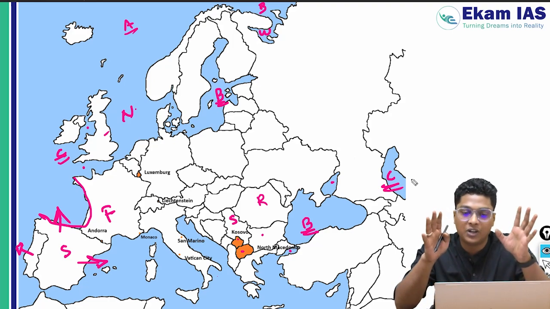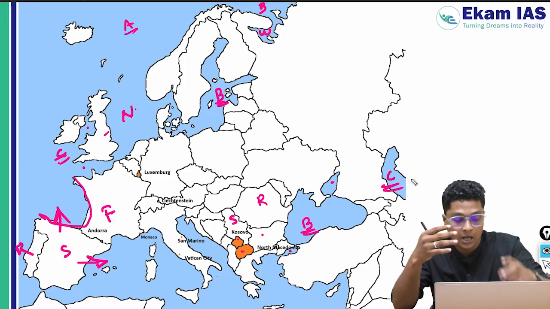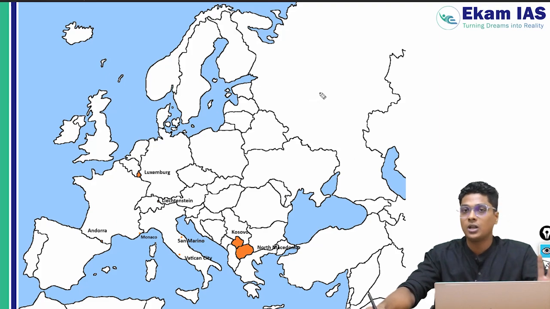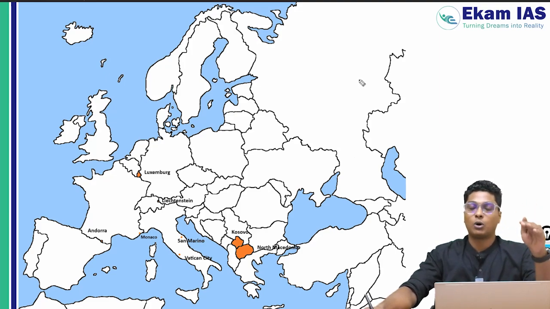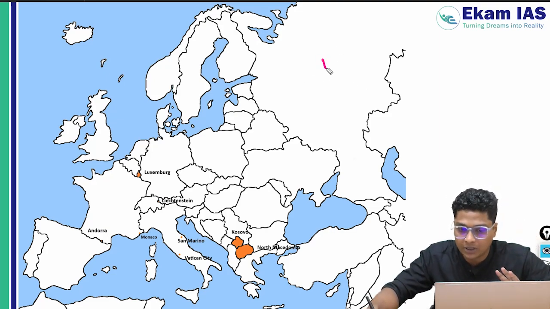So next we'll talk about the physical features, but I think before starting with the physical features, one predominant thing you should be studying from this region, one favorite area of UPSC is bordering countries. Okay, so they tend to ask these countries which are in news, they'll ask about where that location is, what are the bordering countries. So we need to talk about Russia.